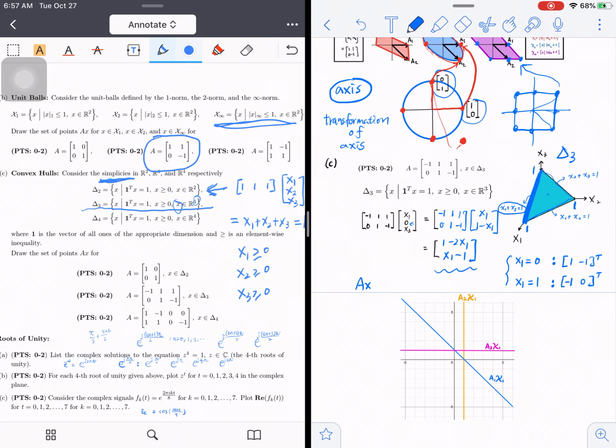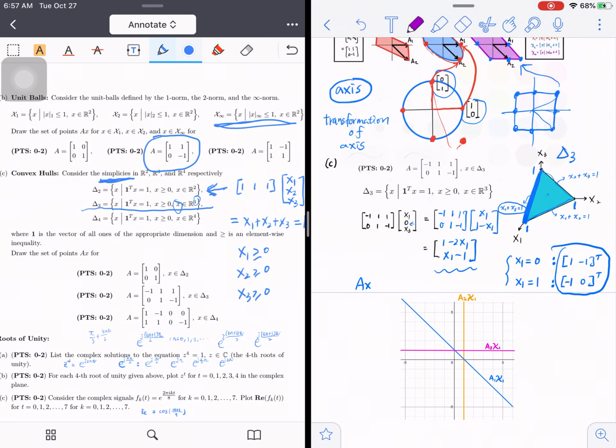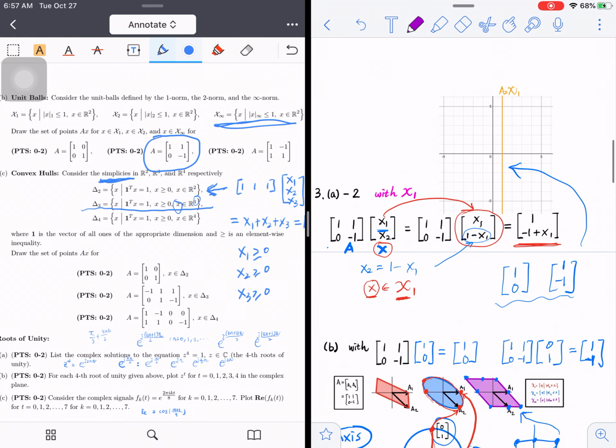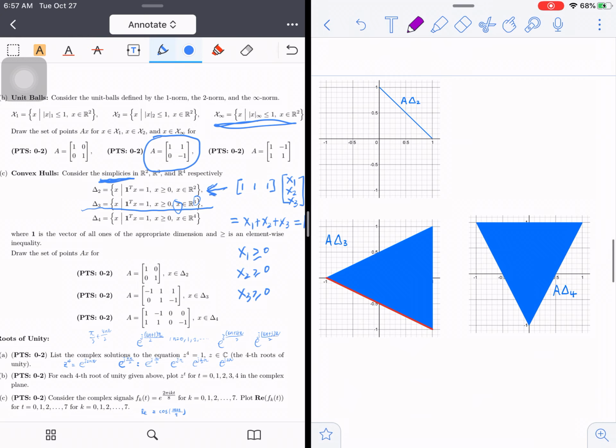So these 2 points decide a line on a plane, and this line is here.